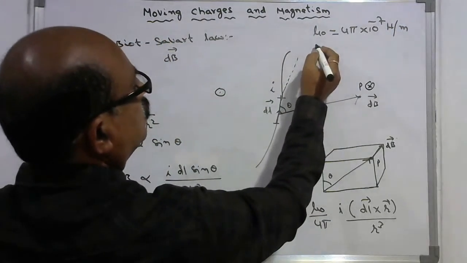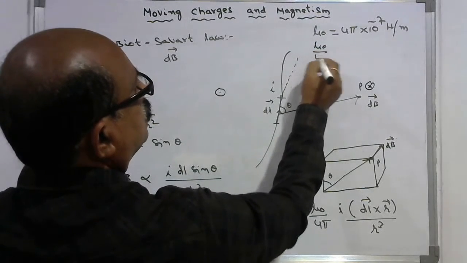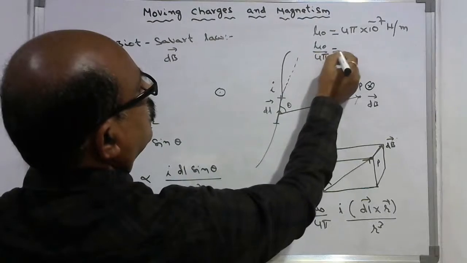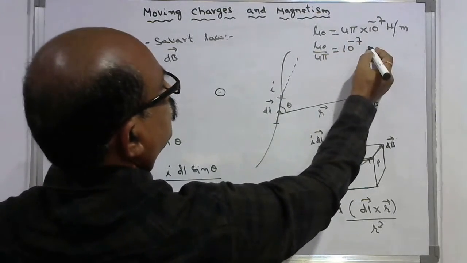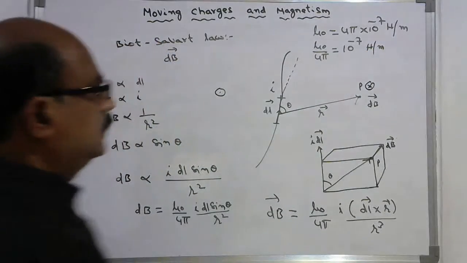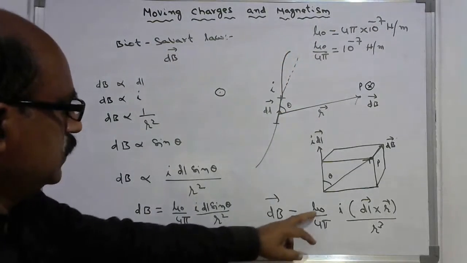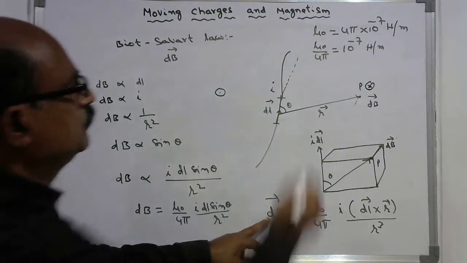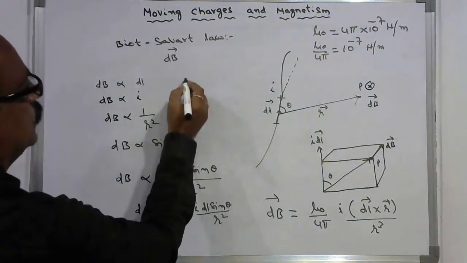So mu naught by 4 pi becomes how much? Mu naught by 4 pi becomes 10 power of minus 7 Henry per meter. Then what is the unit of mu naught?